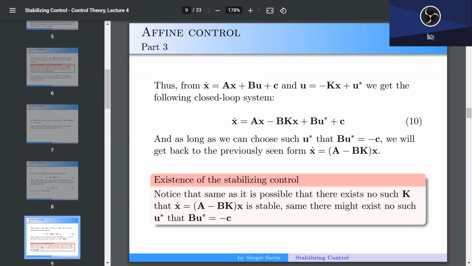Okay? Just that. Now, if we choose u star such that B times u star is equal to minus c, we get exactly where we started, right? So we'll get to the equation x dot equal to (A minus BK) x.